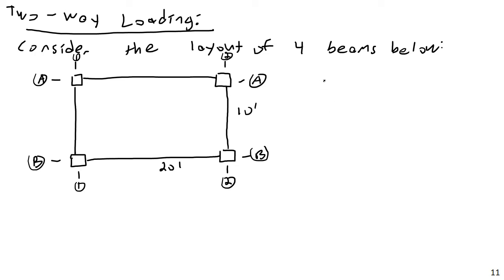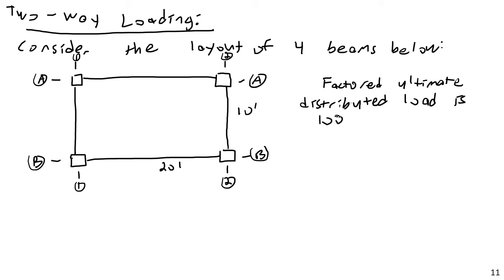And let's say the factored ultimate distributed load is 100 PSF. Find the load diagrams of beams AA and 1-1.